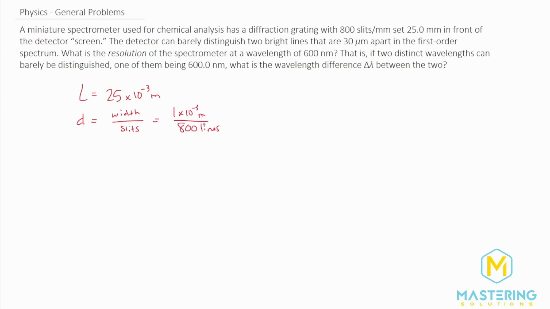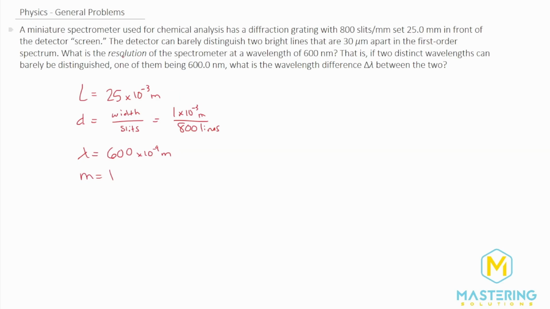I'll leave it like this. We're also given the wavelength, of course. Lambda is 600 nanometers, that's 600 times 10 to the negative 9 meters. And we're also told that this is a first order, so m is going to be equal to 1.